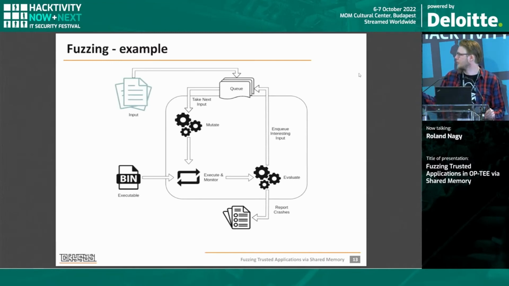Then we execute our application with this mutated input. And of course, we monitor it to detect if we could crash it. If we could, then the crash is of course reported to the user, and the input that caused the crash is saved for later analysis. And if the input is considered to be interesting, then it's placed back in the queue and it starts all over again.